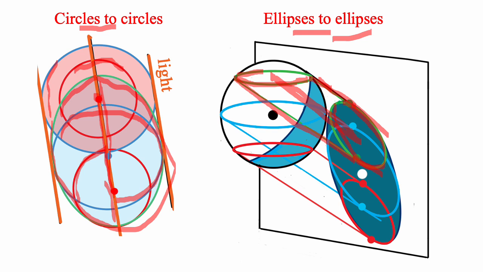So again, this red one, the light direction is tangent to both ends of this ellipse, and it's tangent to the sides of this red elliptical shadow. And then you put a large ellipse over all the shadow ellipses.